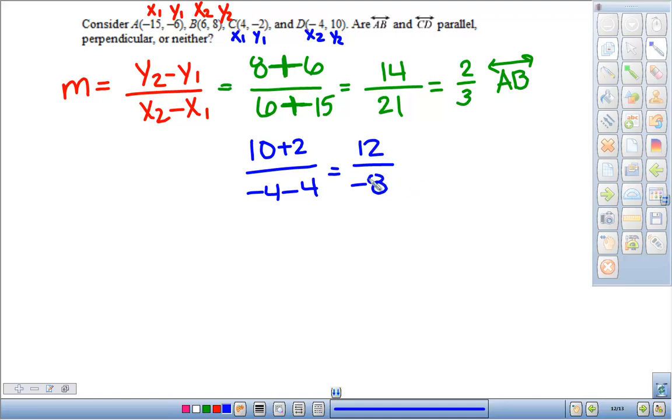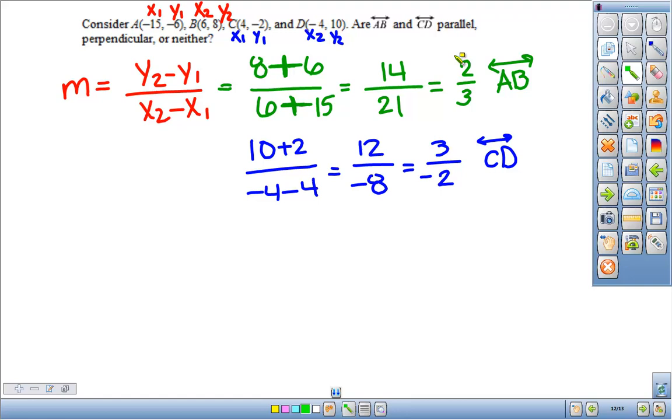Okay, these are common factors we can get out of both. The highest, I believe, would be 4. So if we divide out of 4, we're left with 3 and 2. But don't forget your negative here. Okay, and that is the slope of line CD.